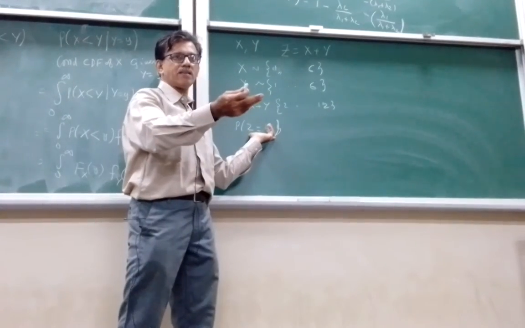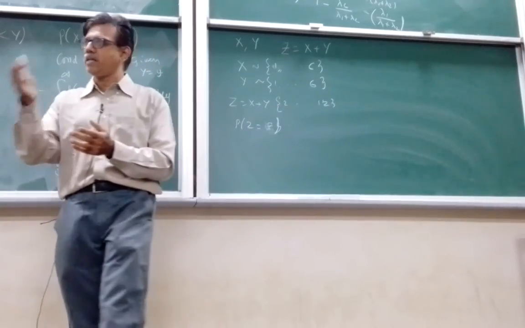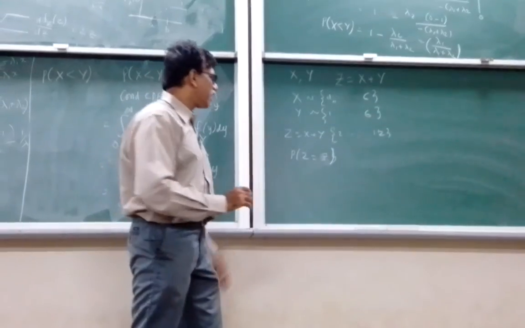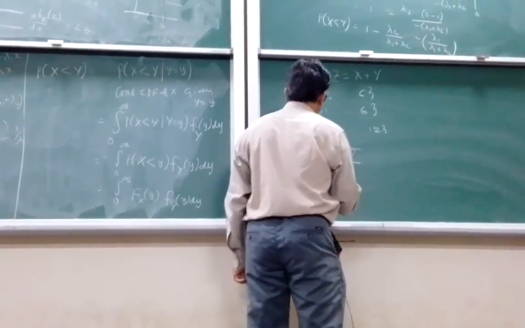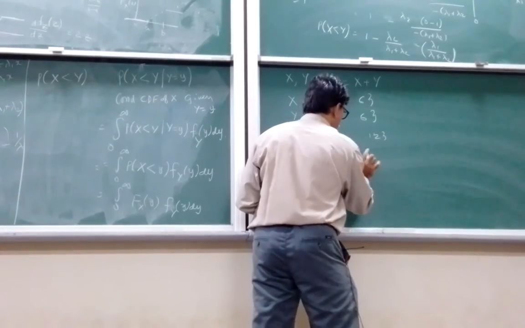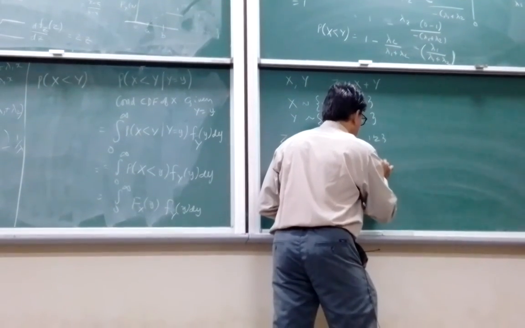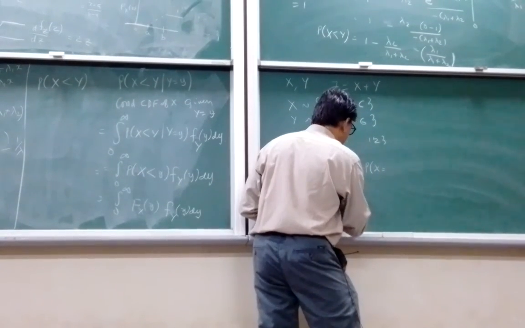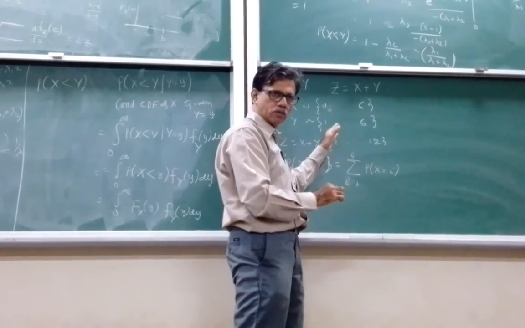What are all the different cases that lead to z, the sum, being 7? You look at cases like 4, 3, 3, 4, 5, 1, 1, 5, and so on. So in general, what we are doing is the sum over i, where x can take a value from 1 to 6, of the probability that x is equal to i.